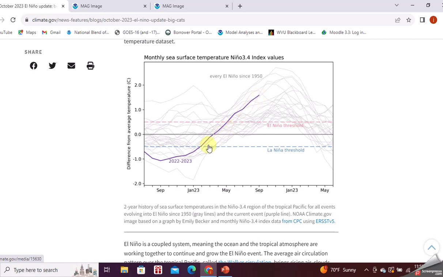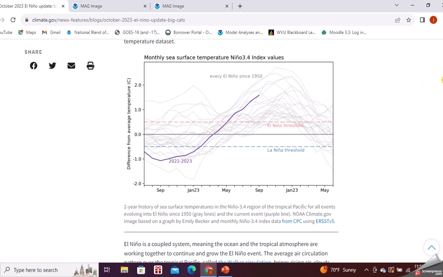Here is how that temperature curve is tracked. We have been having a La Nina for the last several years. Well, look at it. Here's the La Nina threshold. Here's the El Nino threshold. El Ninos can be really, really intense, and this one seems like it's trying to be one of those. And the more intense they are, the more they influence our atmosphere and our weather.